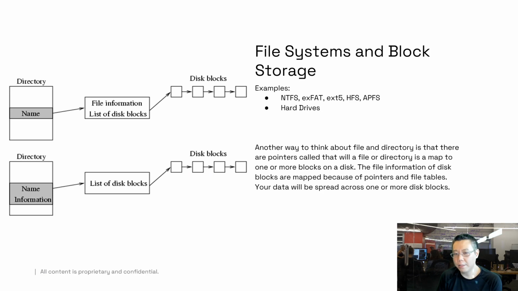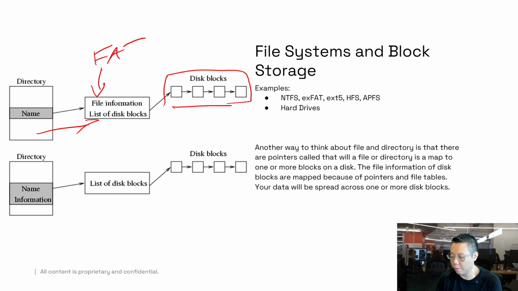In a more simplified example, if you want to see how block storage is stored, a disk of blocks may contain four different blocks for one file. When the operating system makes a request, the file table, hence FAT32, file allocation table, potentially has a list of those blocks relative to the name of the file and how large that file is.